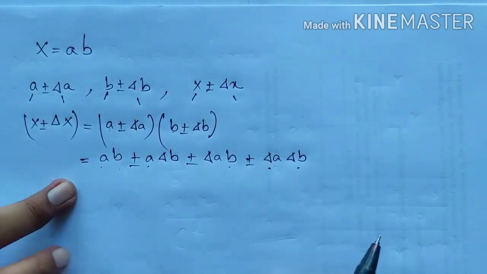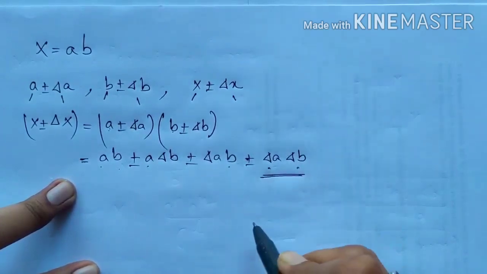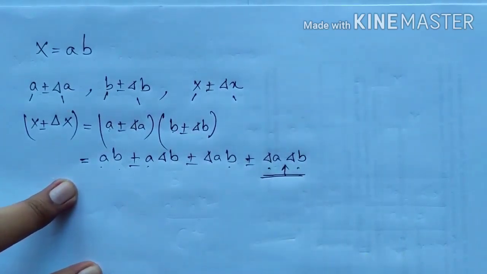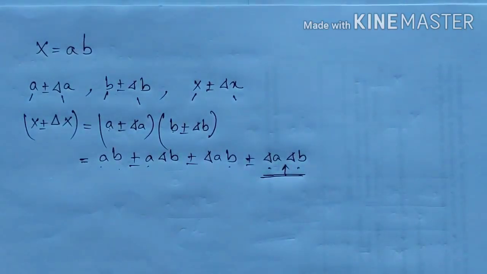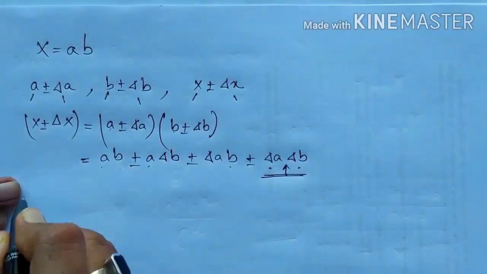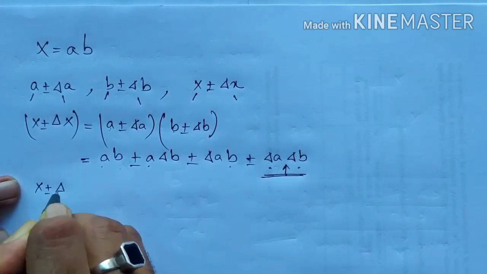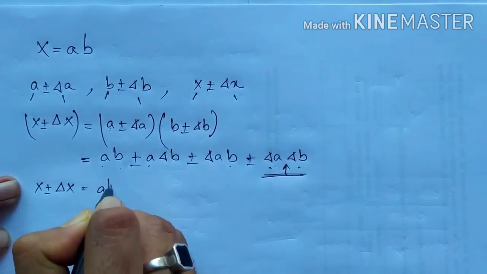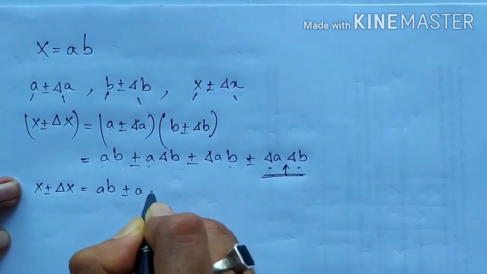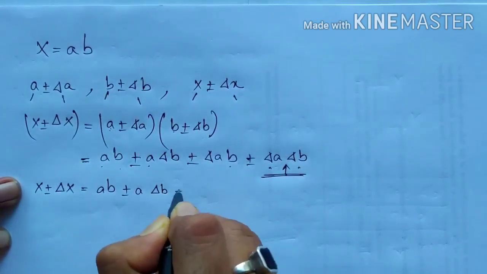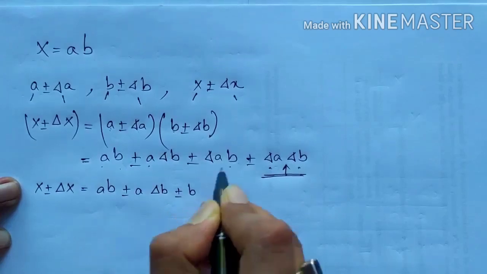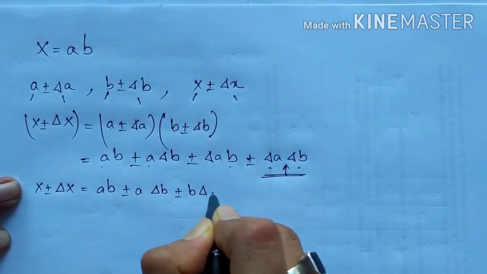Therefore, for simplicity of calculation, we are neglecting this particular product term delta A into delta B. So now I can write X plus minus delta X equal to AB plus minus A delta B plus minus B delta A.